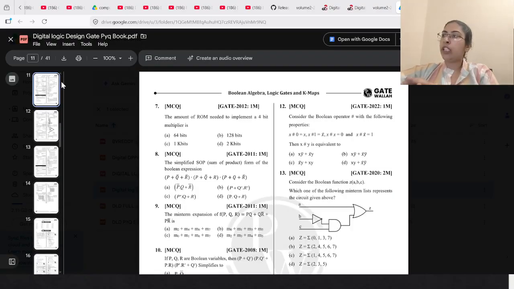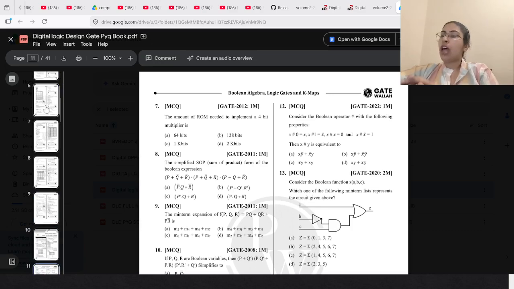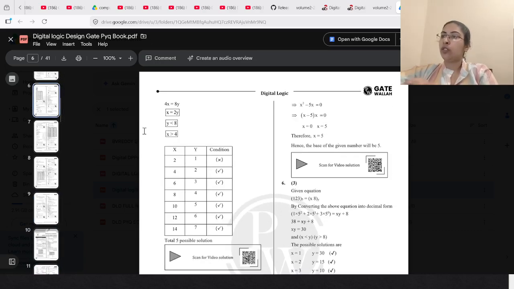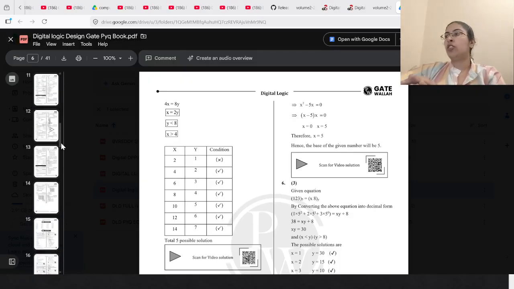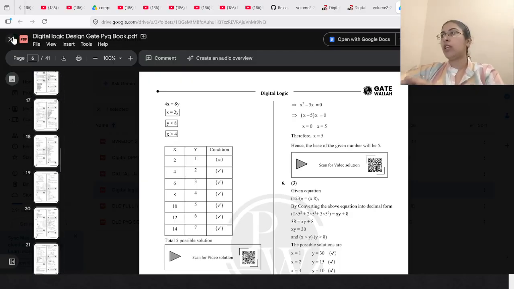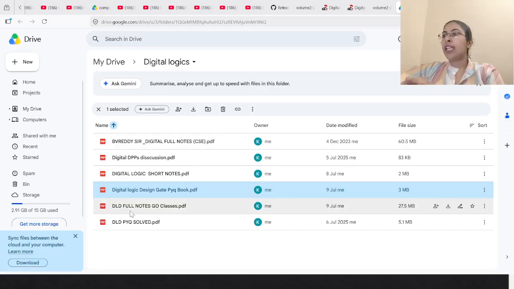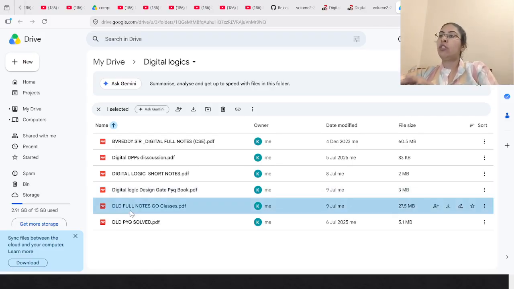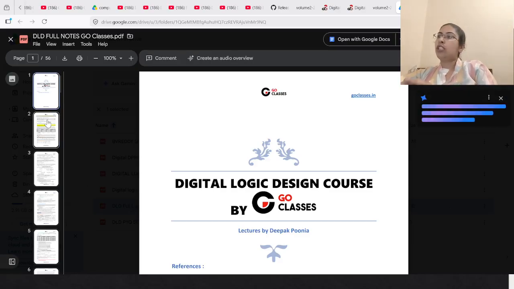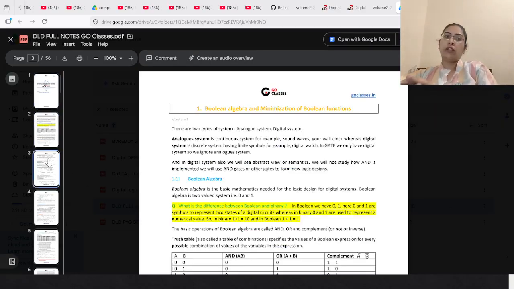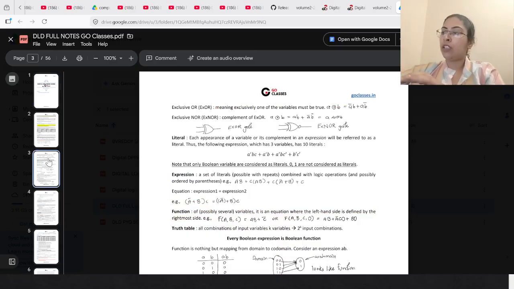Simply scan the QR code and you will see the video solution if you don't have the answer. This book is very helpful for digital logic design students. Next is the digital logic full notes by GO Classes.